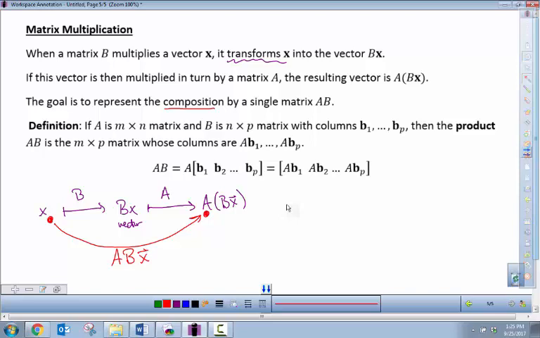And so the definition here breaks up your matrix B into the column vectors, so now these are vectors themselves, and then you're going to apply the transformation A to each of these vectors.